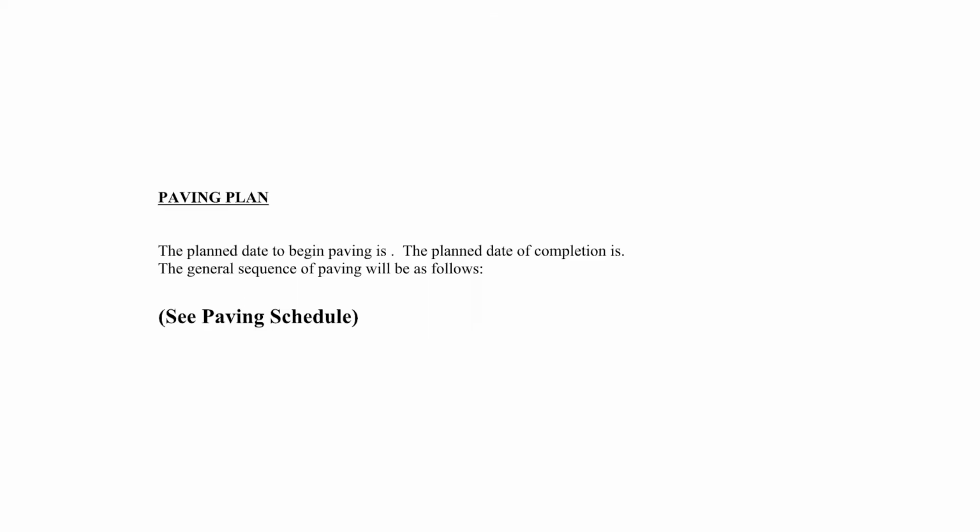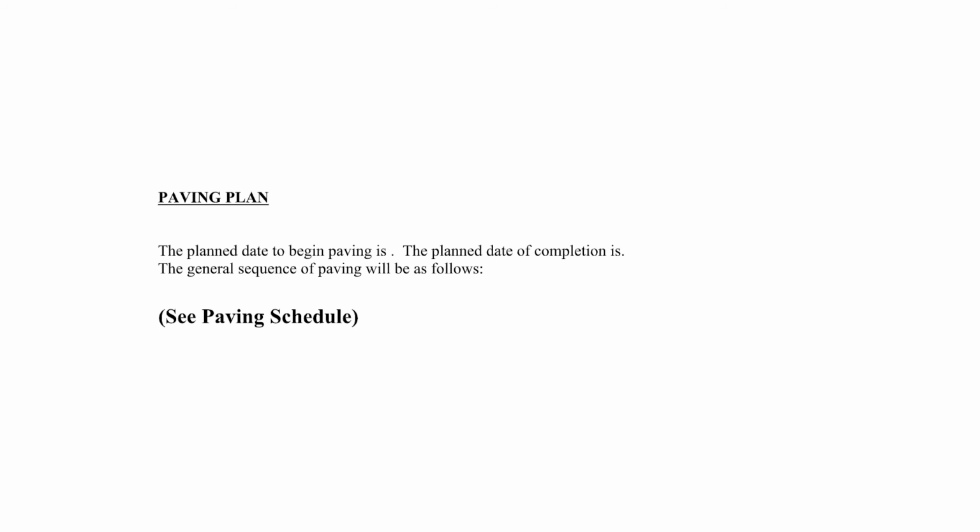Also on the paving plan, Jay had pointed this out. What I like to do is have a separate document for a paving plan, usually turned in prior to the job, and it gives the actual sequence of how you're paving it.